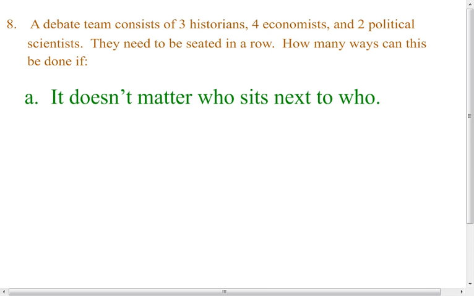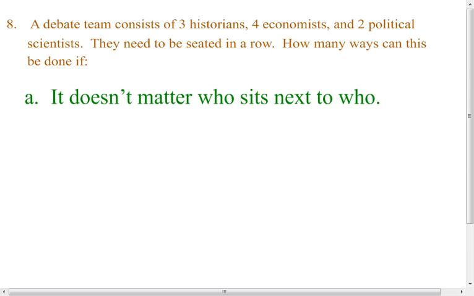All right, on to the debate team. This time you have 9 people. In the first scenario, it doesn't matter who sits next to who. Order still matters, I'm still putting them in assigned seats, but I don't care if a historian sits next to a political scientist or whatever.